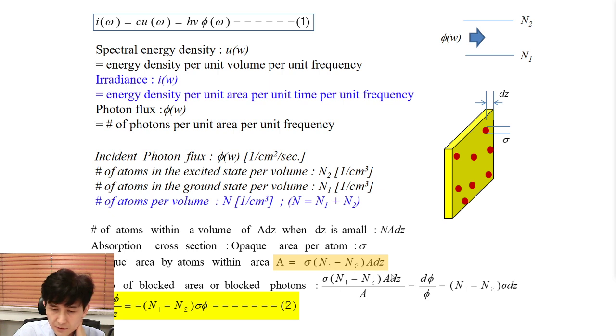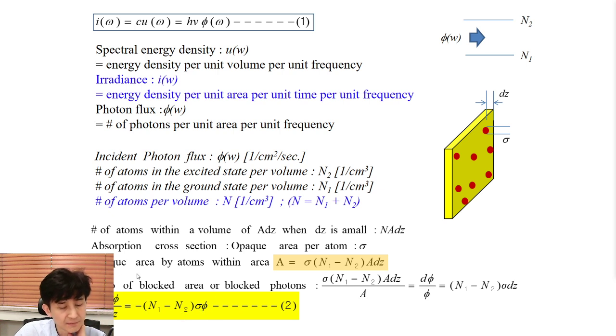Then if we divide A on both the upper and lower part, we have n1 minus n2 times sigma times dz. So we have a simple relation about the variation of photons per propagation distance, by taking dz to the left side and phi to the right side. So d phi over dz is minus n1 minus n2 times sigma times phi.